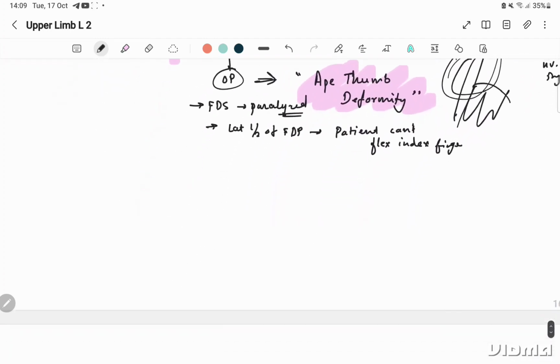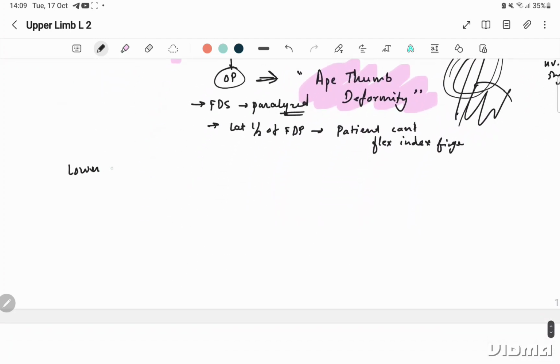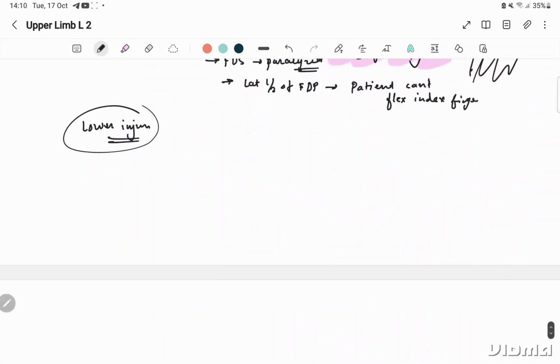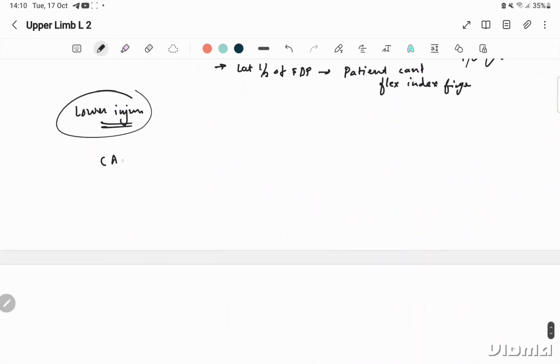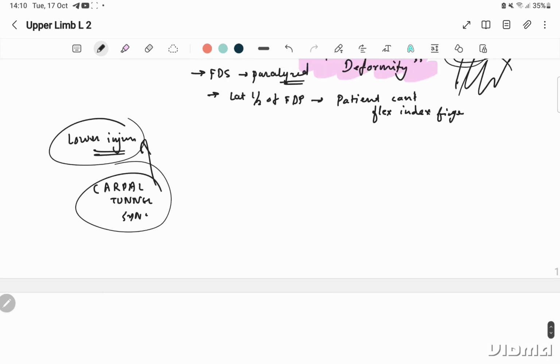Then we will discuss the lower injury. Let's say carpal tunnel syndrome. So carpal tunnel syndrome is also an example of lower injury. The most common cause of lower injury is carpal tunnel syndrome only. So what are the features of carpal tunnel syndrome? You can write this.